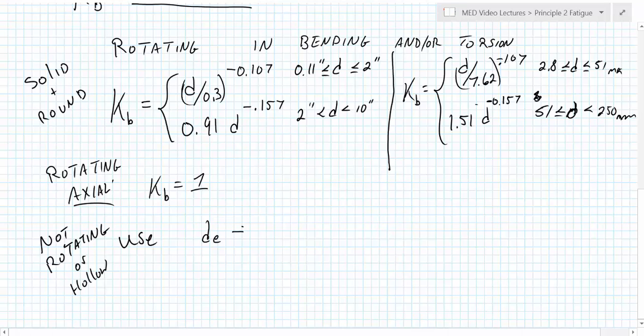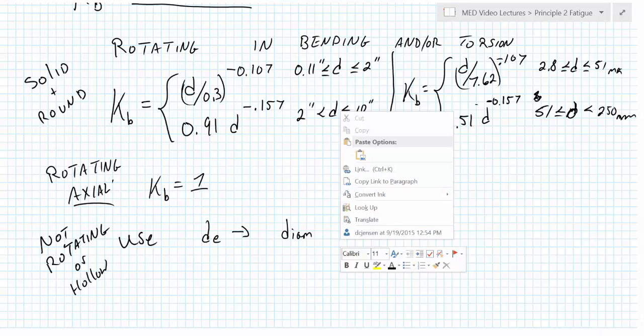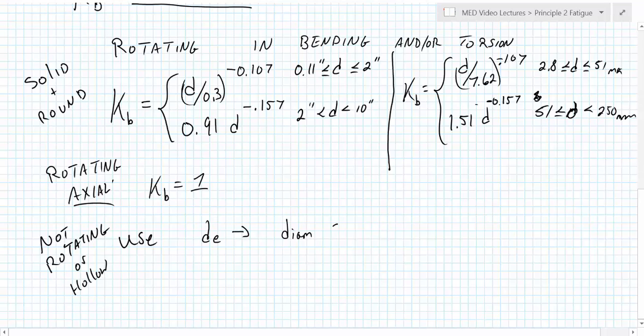The equivalent diameter is basically the diameter of a circle that has 95% of the area of our shape.